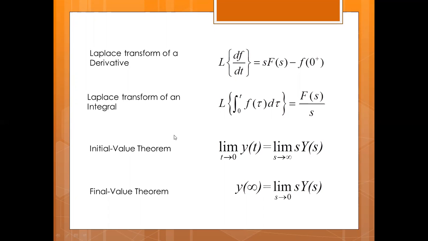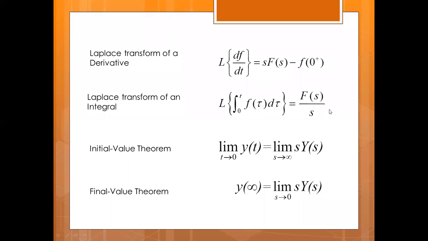For the Laplace transform of an integral, this is only applicable for functions in which the integral is evaluated from 0 to t. Another application of this: if you want to determine the function of t for a given function of s in which you have 1 over s raised to a certain power, you can set aside the 1 over s.